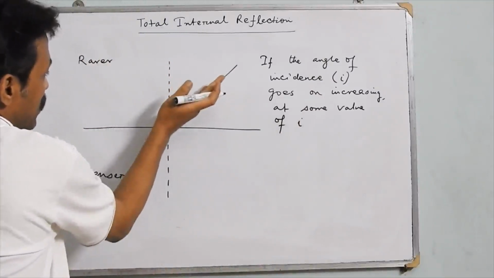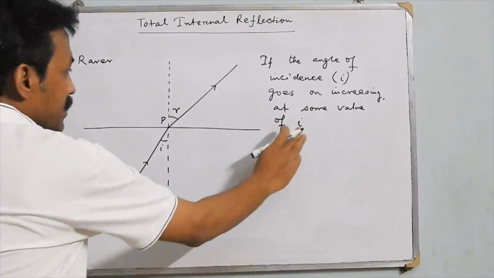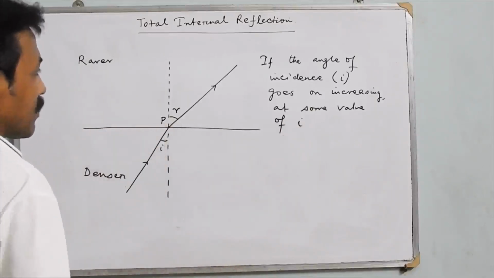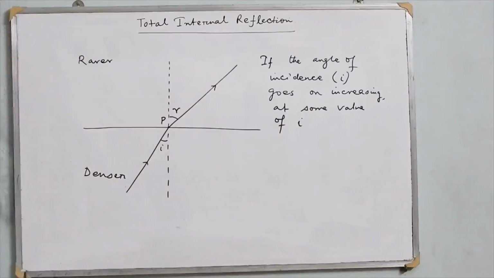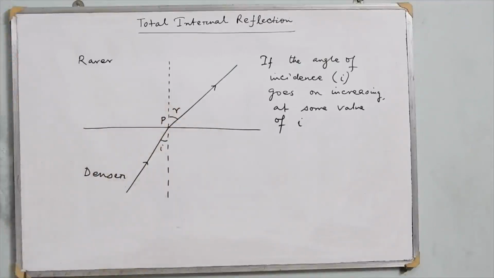It will bend continuously away from the normal. So as the angle of incidence increases, it will reach a particular value at which the angle of refraction becomes equal to 90 degrees and the refracted ray grazes the boundary separating the two media.